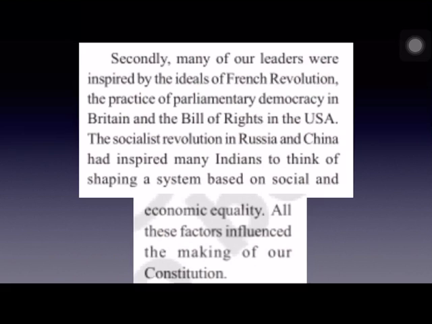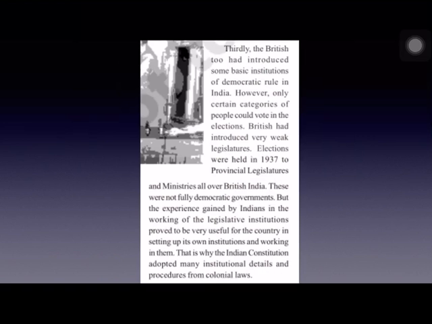And thirdly, the British introduced some basic institutions of democratic rule in India. But all the people were not given the right to vote. Only certain categories of people were given the right to vote in elections.